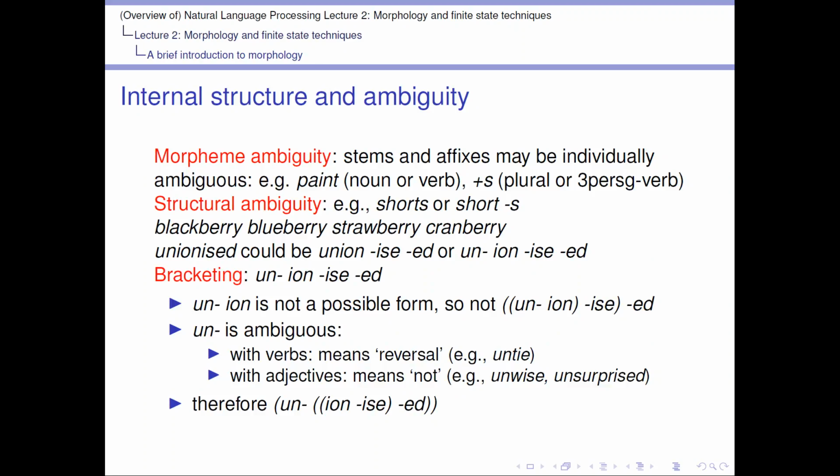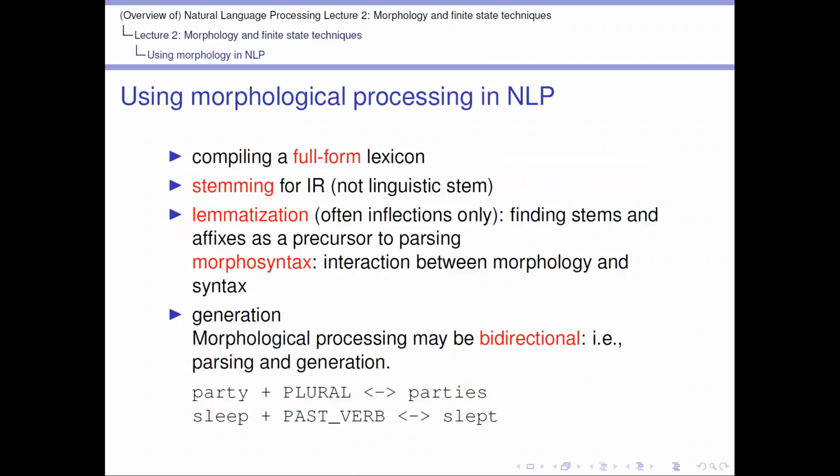Now, it doesn't give us this kind of structure here, which would be a sort of more bushy tree if we drew it out with the bracketing. So we would have to decide how much we cared about this when we were thinking about how to model our morphology. It's like, do we care to keep the structure of the word inside, or are we just trying to recognize the word? And how often does this kind of thing happen? Those are the things we'd want to trade off when thinking about how to model it.